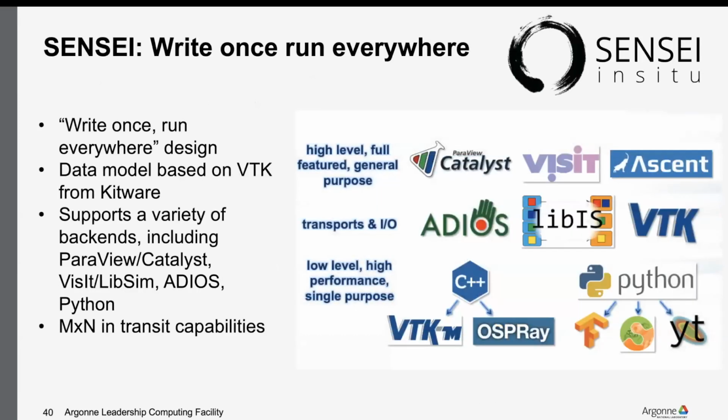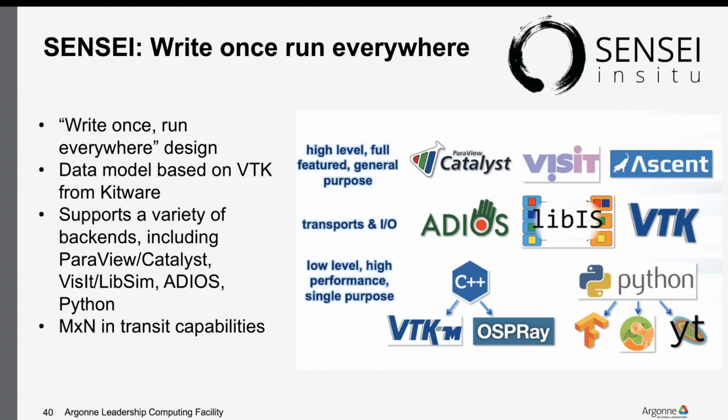SENSEI, similarly, is an alternative framework developed with DOE funds as well. The idea here is that you write your analysis once, and then you can swap the backends. Once your code is instrumented, you can select the backend that you will use for analysis. The pictures here show a variety of alternatives that you can use, right?